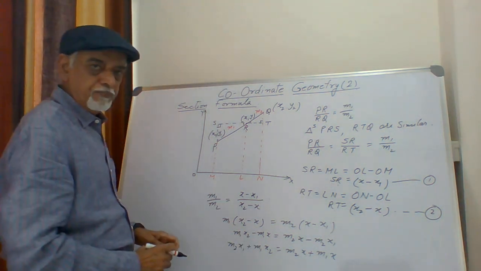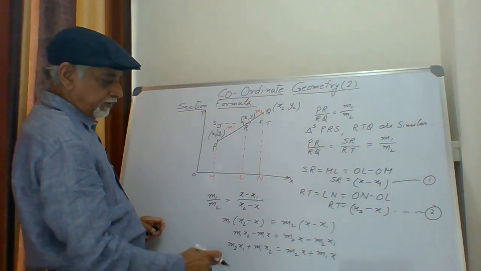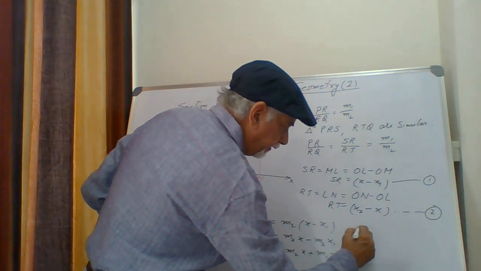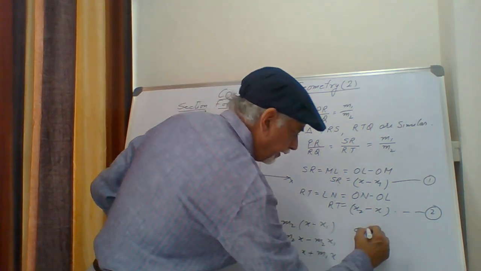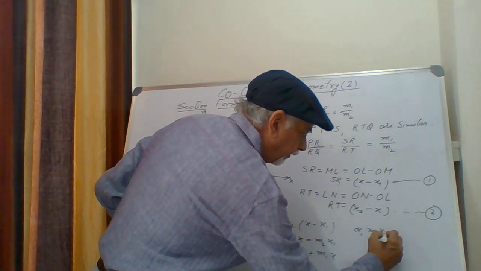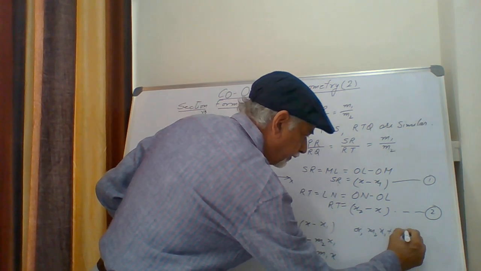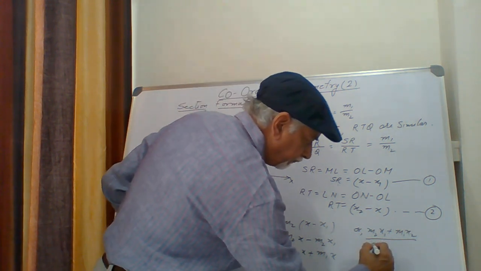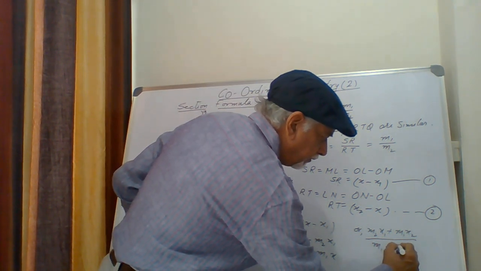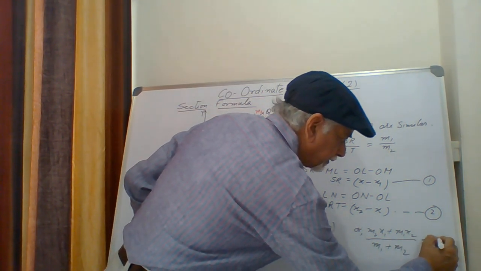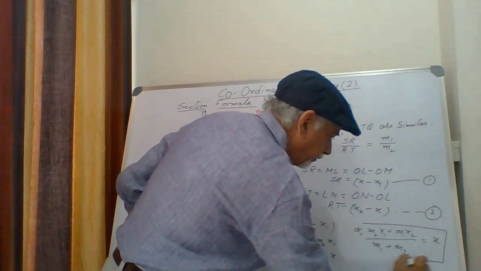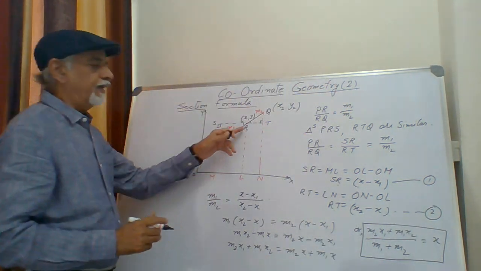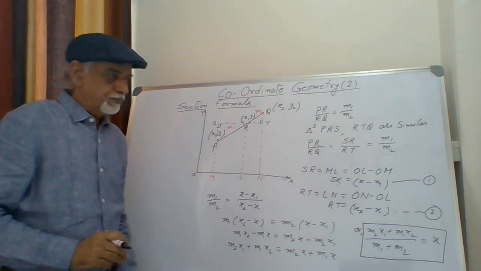Here we get x equal to M2 x1 plus M1 x2 divided by M1 plus M2, which is common for the x value. So it is the x coordinate for the point R. This is the x coordinate.